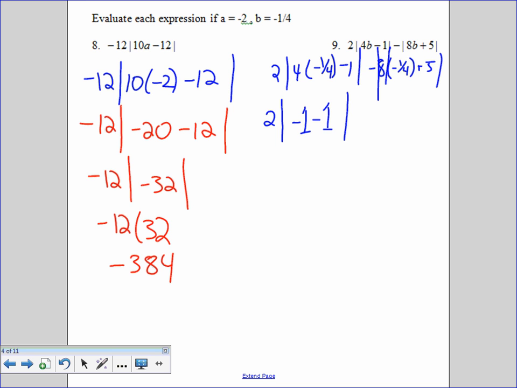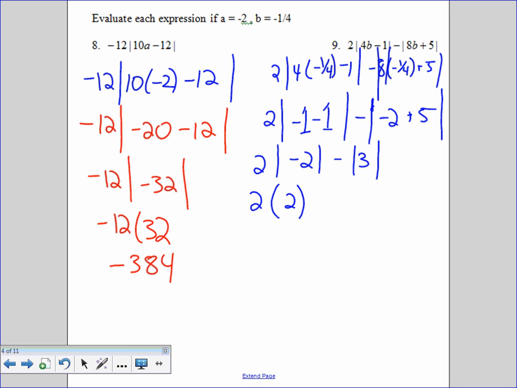Oh, sorry, that's all in there. Minus the absolute value of negative 2 plus 5. Or 2 times the absolute value of negative 2 minus the absolute value of 3. So the absolute value of negative 2 is 2, and the absolute value of 3 is 3, and so that's 4 minus 3, and your answer is 1.